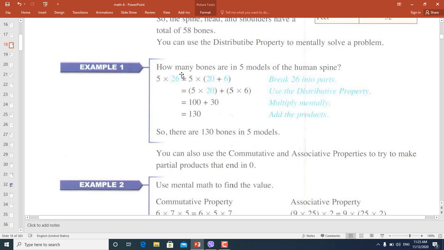We write 5 times 20 plus 5 times 6. After that we solve the multiplication in parentheses: 5 times 20 is 100, and 5 times 6 is 30. After that we add them: 100 plus 30 is 130.